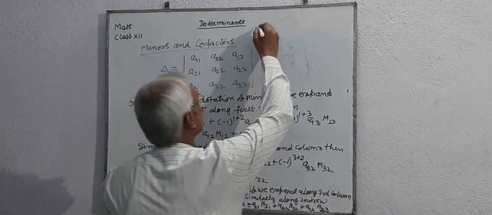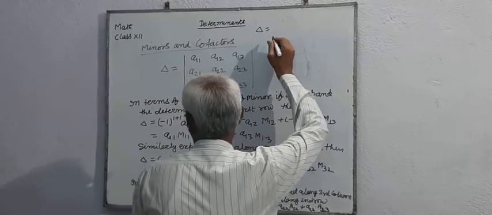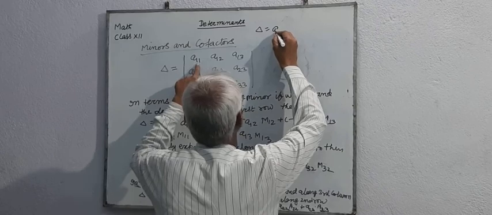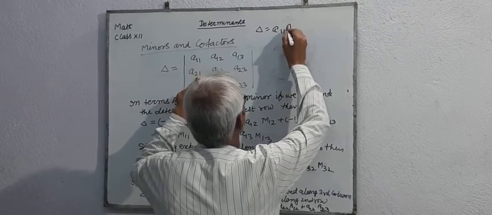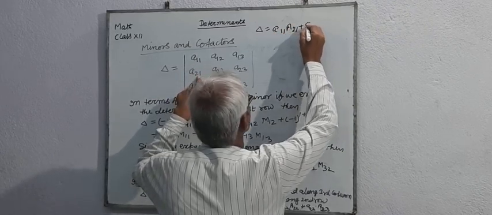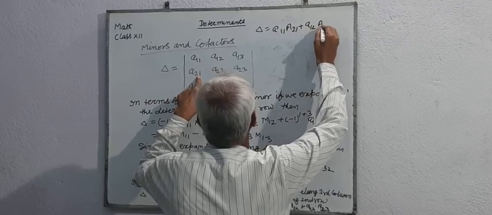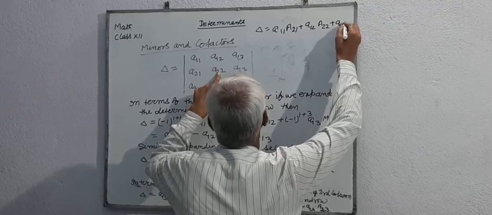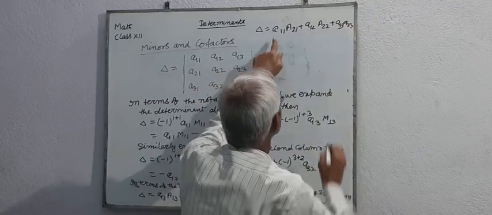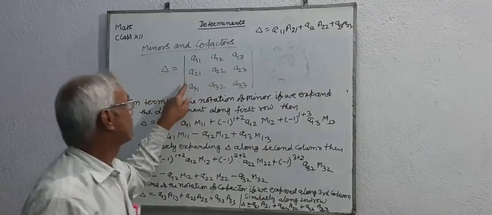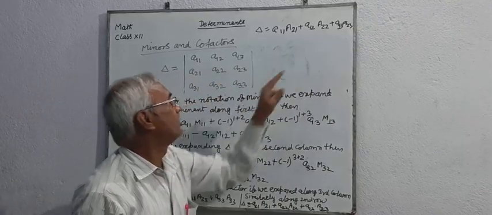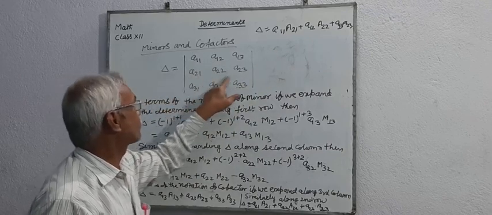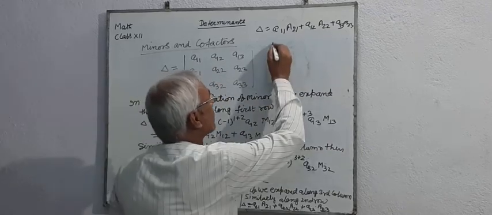For example, delta equals the determinant with rows a11, a12, a13 and capital A21, A22, A23. Taking the elements along the first row and multiplying with the cofactors of the second row, the value of the determinant becomes 0.